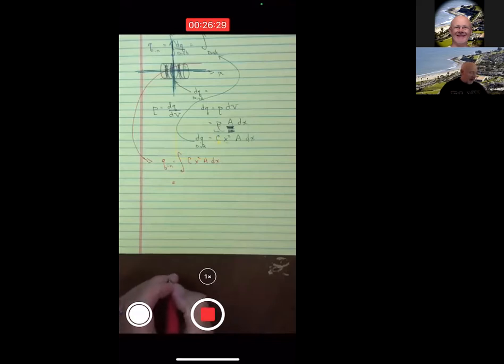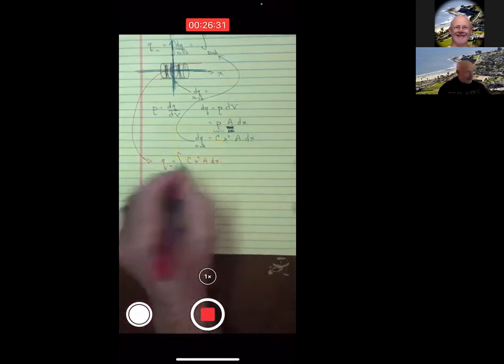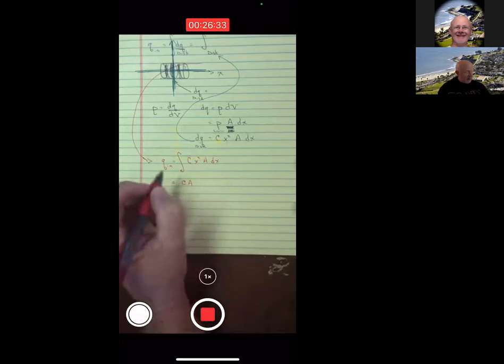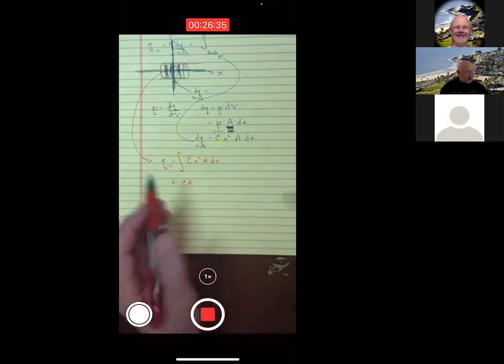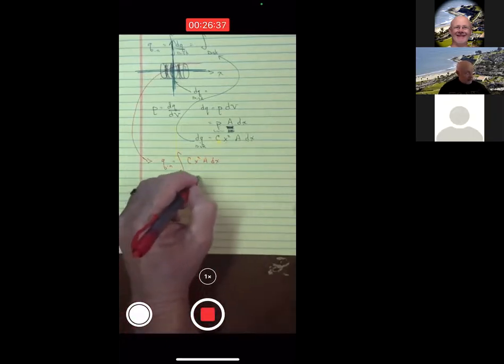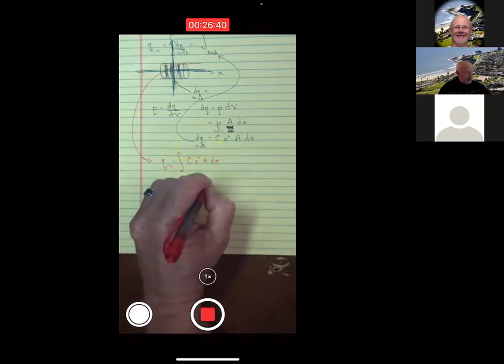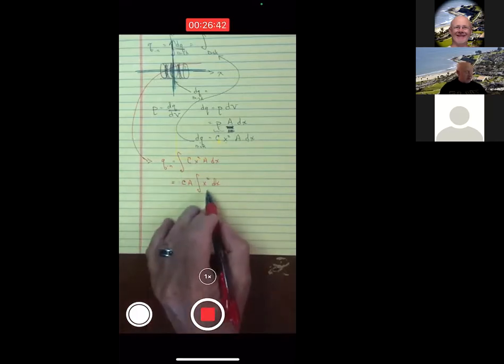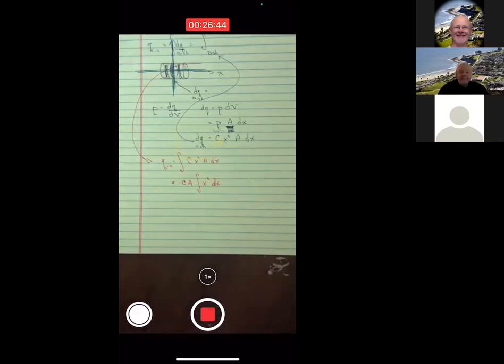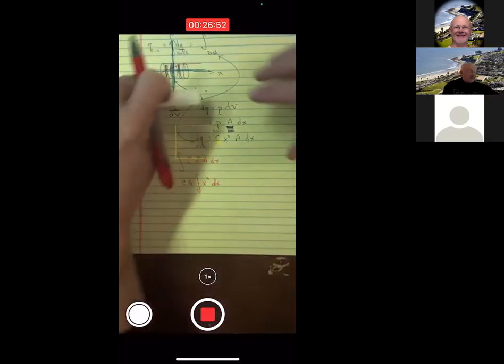All right, so that being said, let's factor out things that are a constant. Here's the C and here's the A. And so I have this integral of just x squared dx. And so that is where now we turn into mathematics. Now, we have to set up the limits.